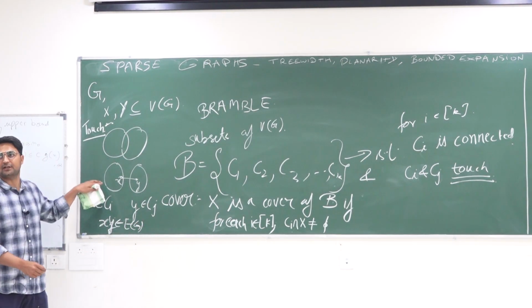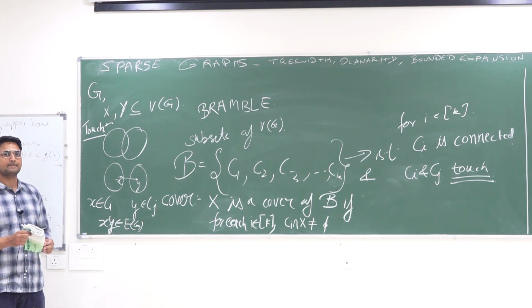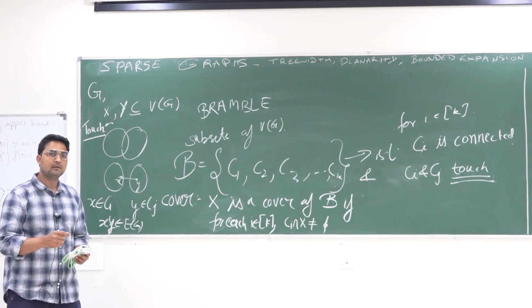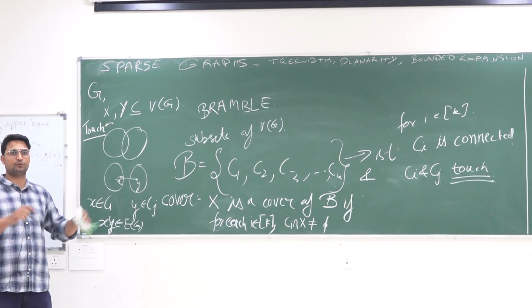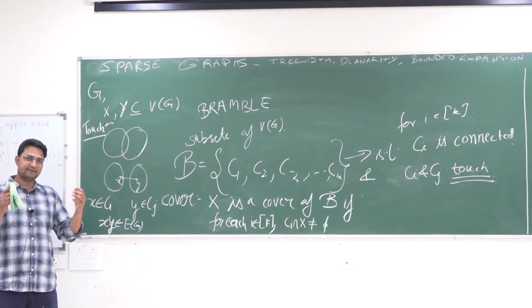Still I call them touching. If a vertex belongs in Ci and also belongs in Cj, that also is okay? Yes, then they overlap, and then also they are called touching. So basically the closed neighborhoods must intersect with each other.